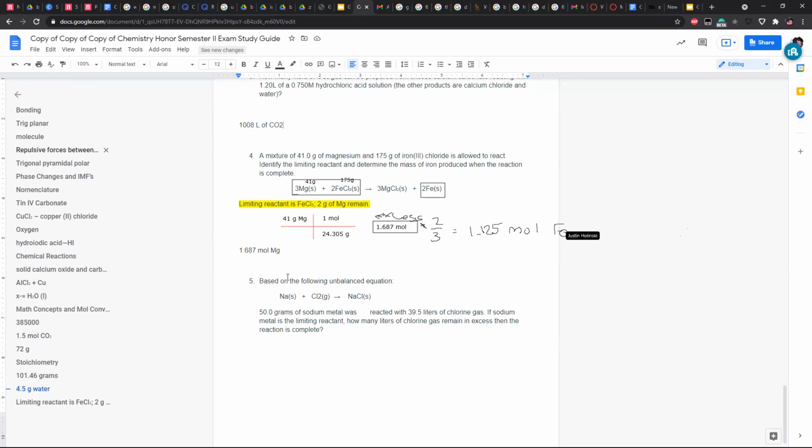And we're almost done. They want the mass, so we want to find how many grams that is. We have moles of iron. We want to figure out how many grams are in 1.125 moles of iron. So we need the molar mass of iron, which happens to be 55.845 grams per mole.